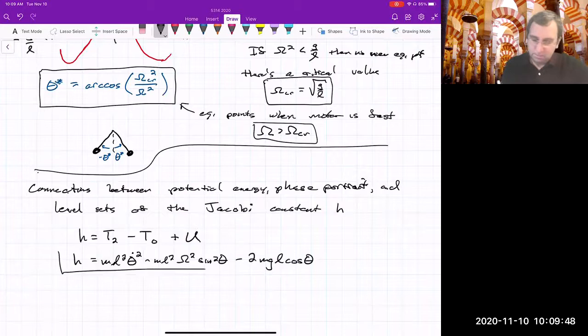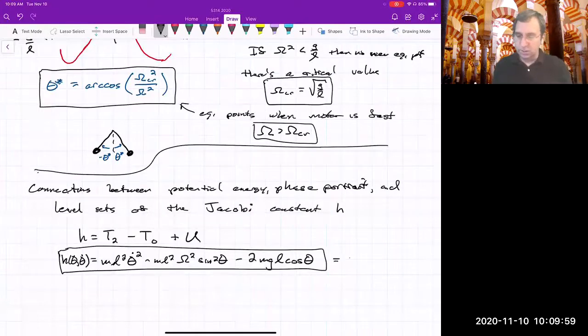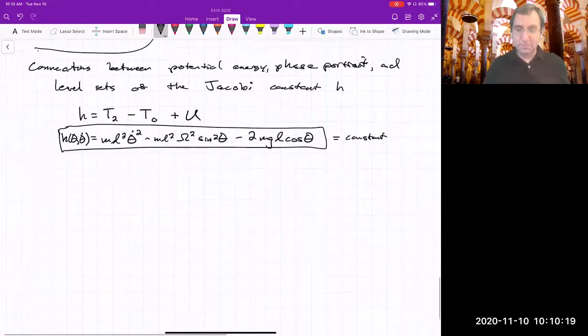So I might actually write H as a function of theta and theta dot. So when this is equal to some constant, it traces out a curve. You know how to plot level sets. Think of this H as a height function over the space of theta and theta dot. And if you were to plot level sets of that height, you will actually be plotting the phase portrait.